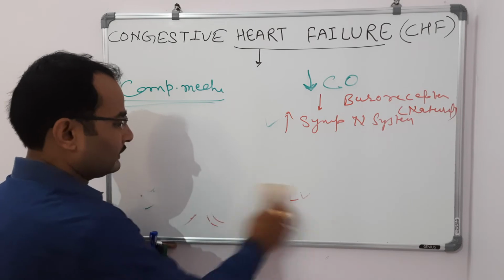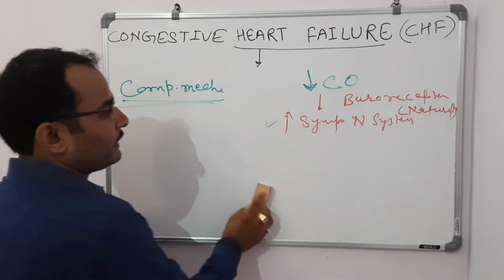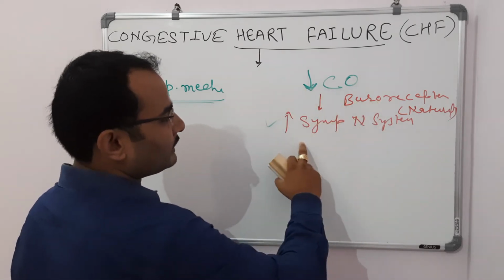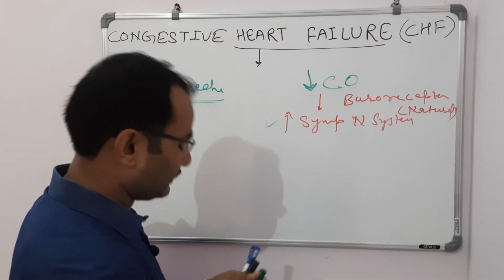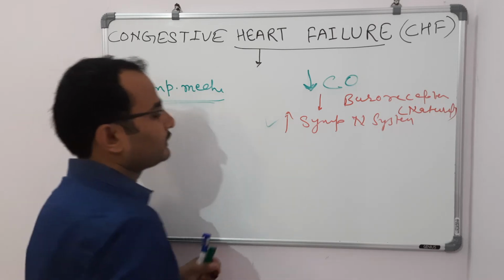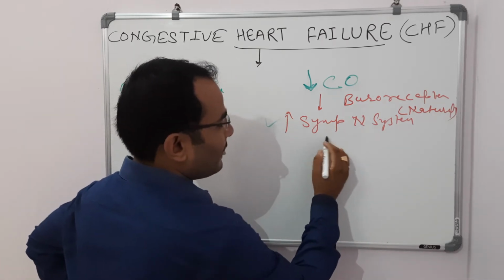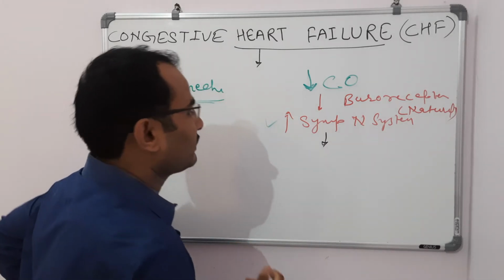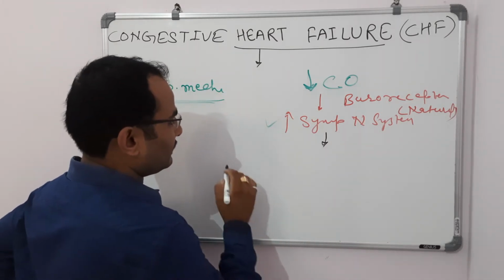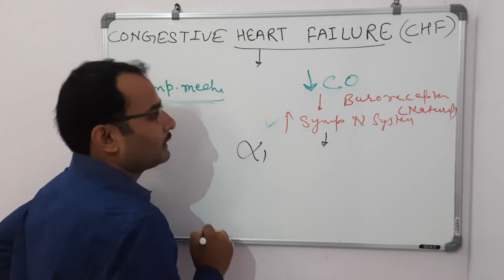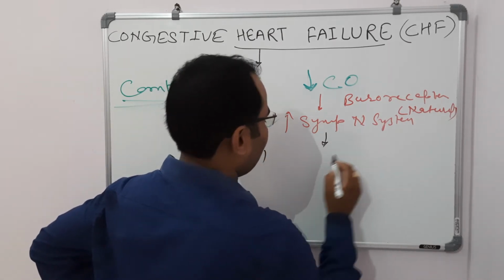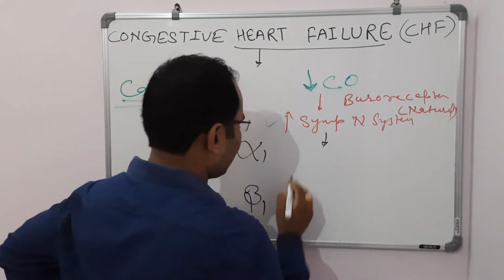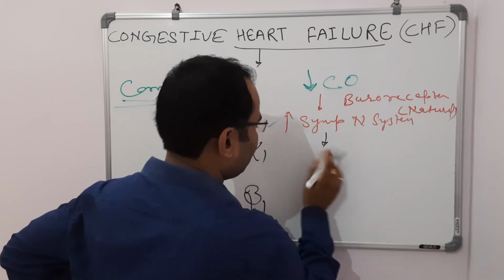Now let's recap our discussion. Decreased cardiac output sensed by baroreceptors increases sympathetic nervous system activity. In the sympathetic nervous system there will be activation of various receptors, like alpha 1 and beta 1.